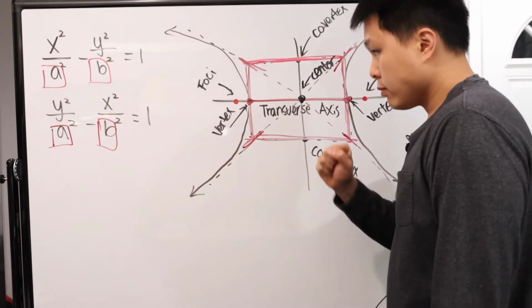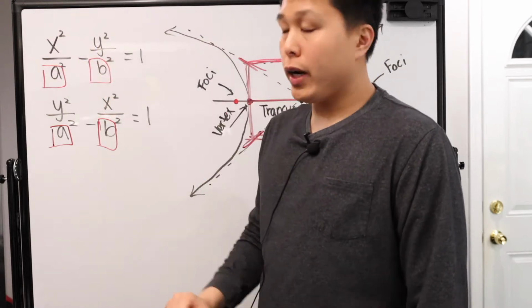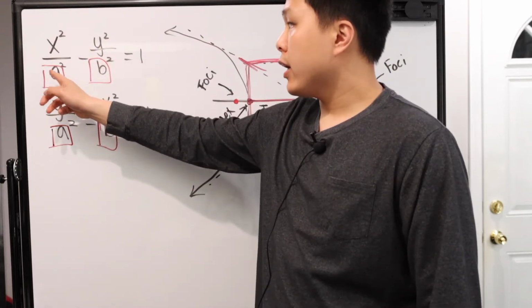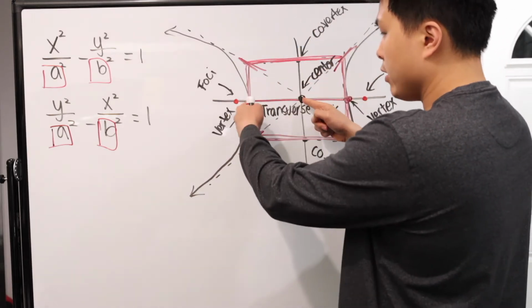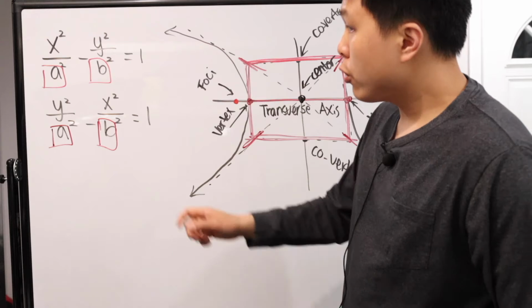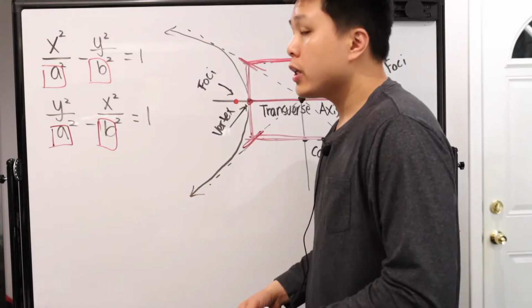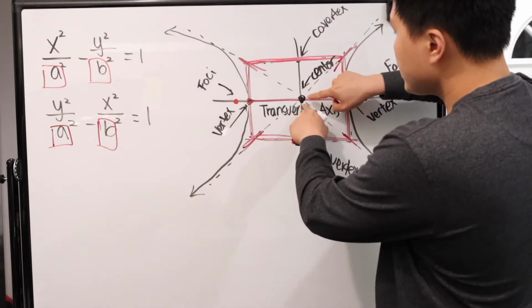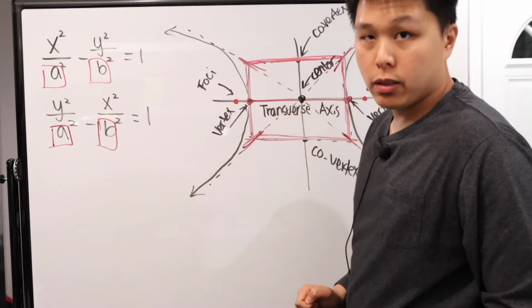Well, here's the thing. If this is opening left and right, and this is under the x, the a value is basically from the center, a. From the center, a. That's your vertex. So you can guess the b value in this case, where it's not opening in that direction, is your co-vertex. From the center, it's going to be up b. From the center, it's going to be down b, right?